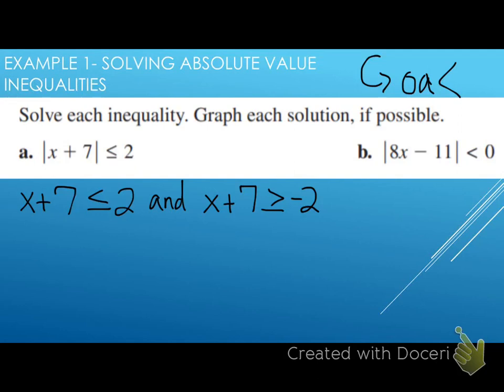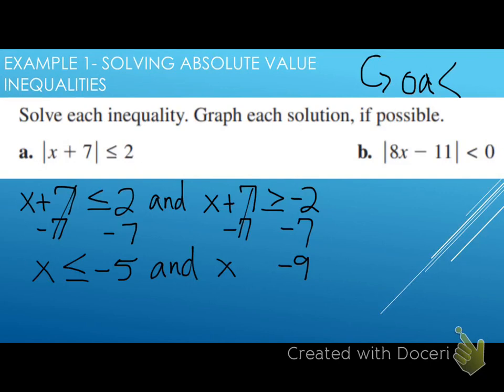What's my first step on both of them? Subtract 7 from both sides. 2 minus 7. Negative 5. Symbol flip or stay? Stay. Keep the word and between them. Negative 2 minus 7. Negative 9. Symbol flip or stay?